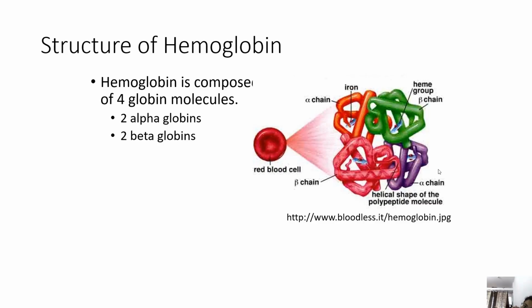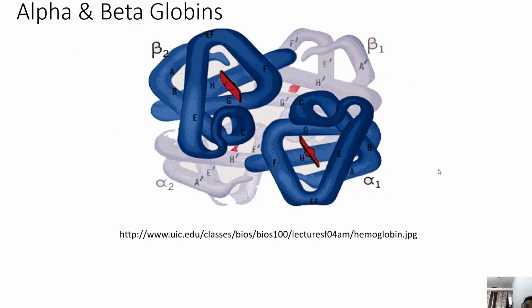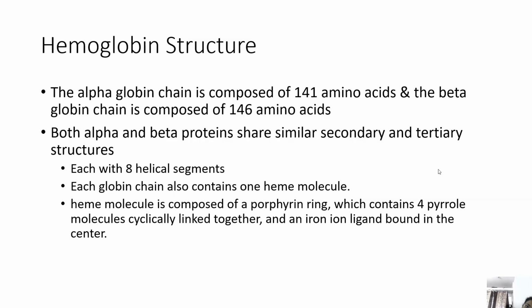This is the structure of hemoglobin. If you see, hemoglobin consists of 4 globin molecules, 2 alpha globins and 2 beta globins. The alpha globin chain is composed of 141 amino acids and the beta globin chain is composed of 146 amino acids.